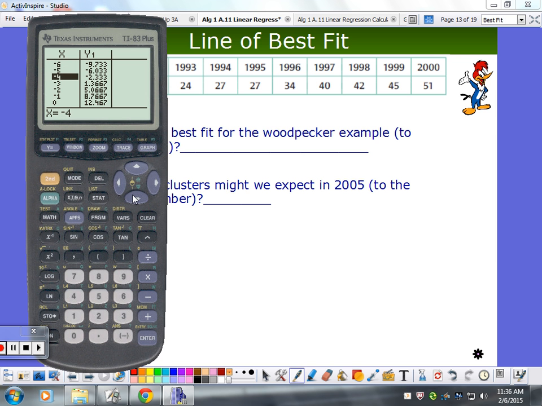Somewhere here, between -4 and -3, and it's year since 1990, so that's like 1987 and 1986, I had 0 clusters. Does that make sense? What about if I go 6 years before then? I had negative clusters? So you always have to pay attention to what makes sense with your data. I think we got there. I think we did most of the things we need to know here.